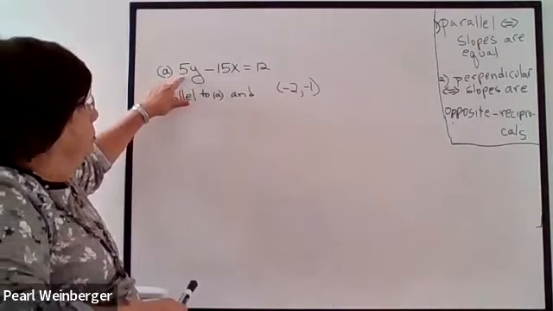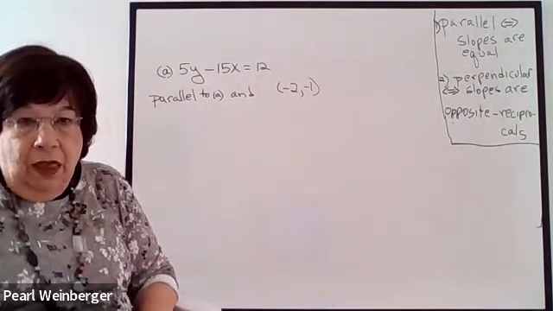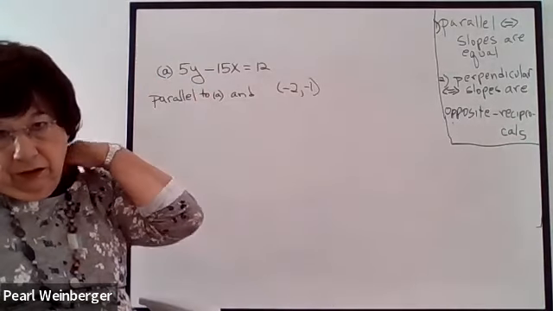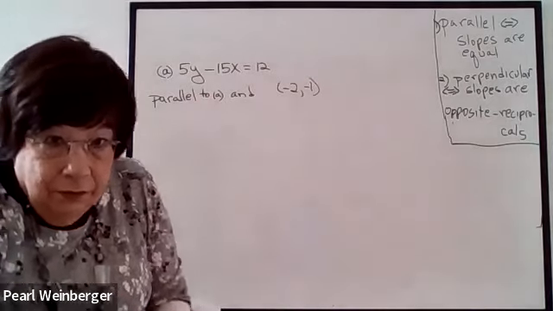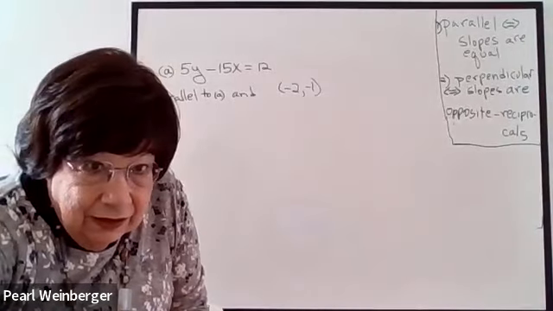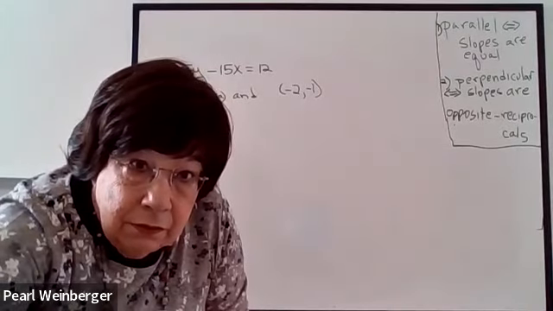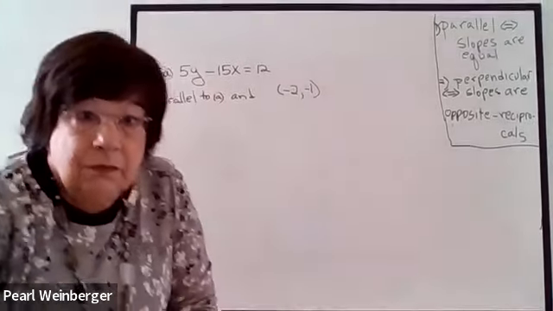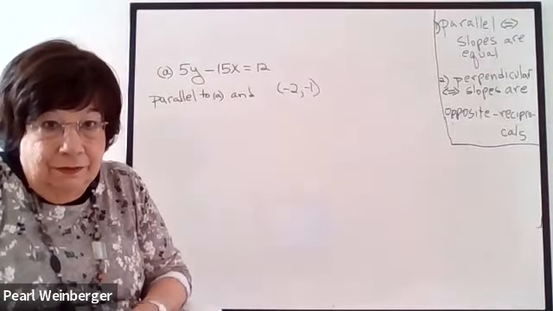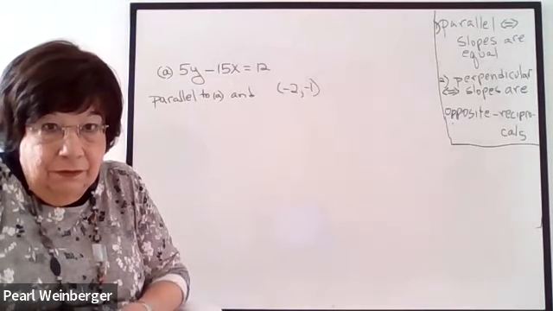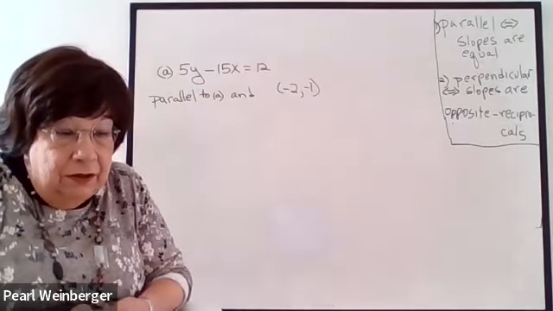What is the original line A in the y equals mx plus b form? Anybody want more time on this?